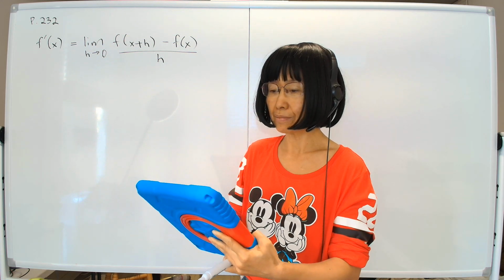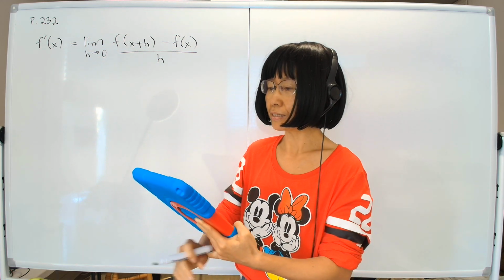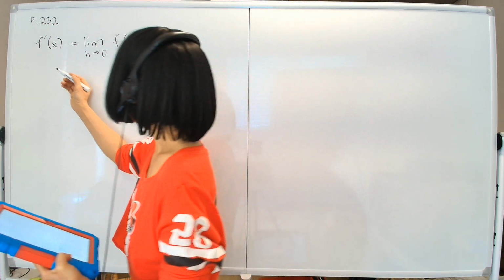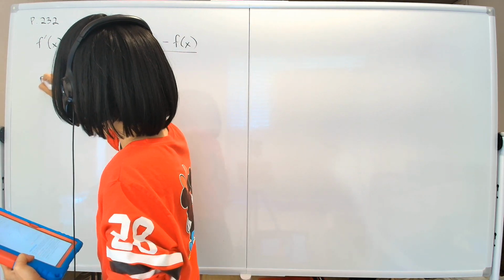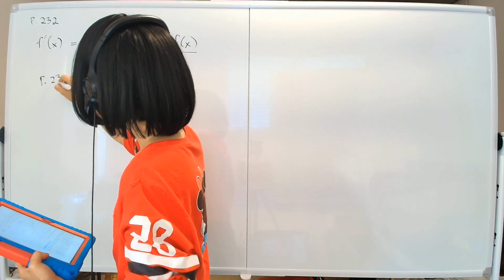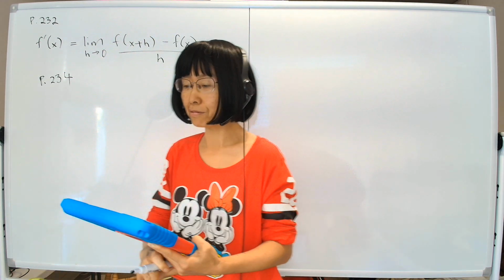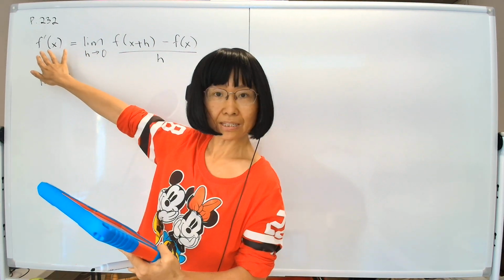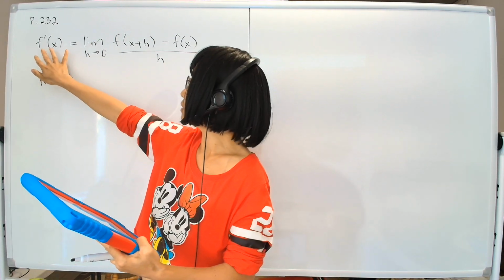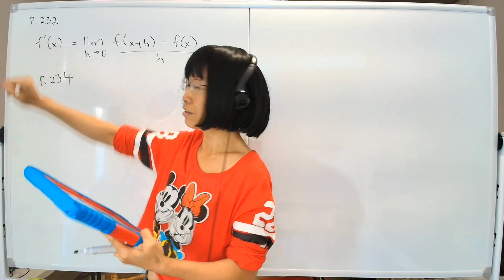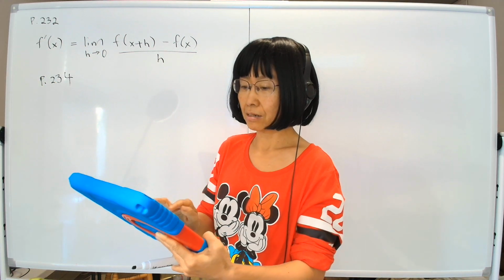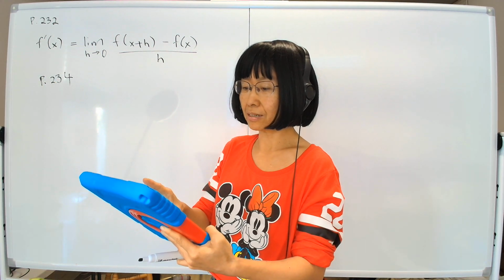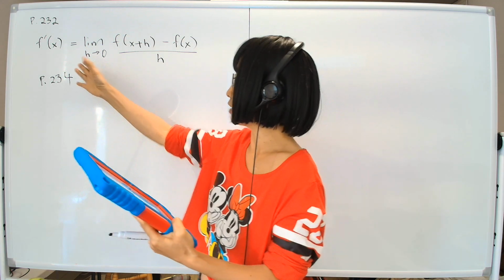Let's briefly look at page 234, where we talk about the notation. On page 234, the derivative function is called f prime of x.